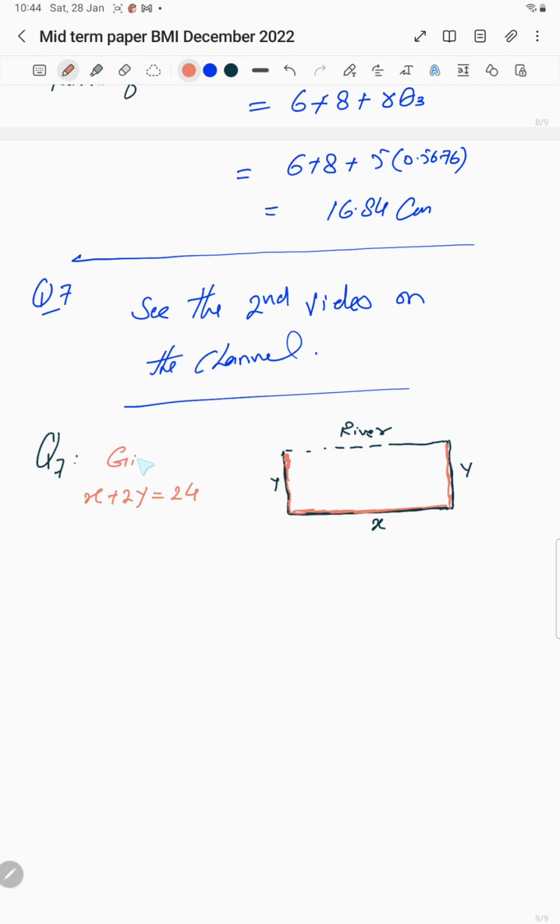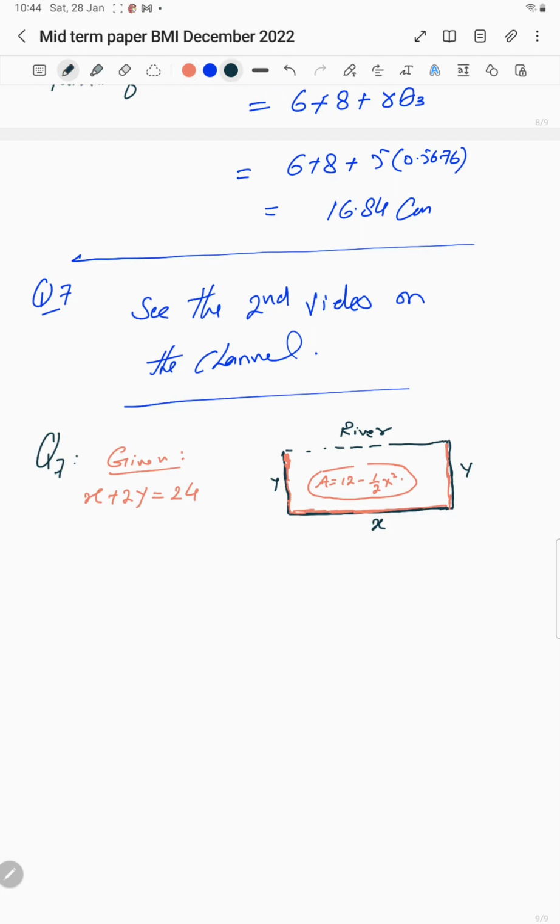This is given. And we have to show that the area of this rectangle is 12x minus 1 by 2 x square. We have to show this thing.